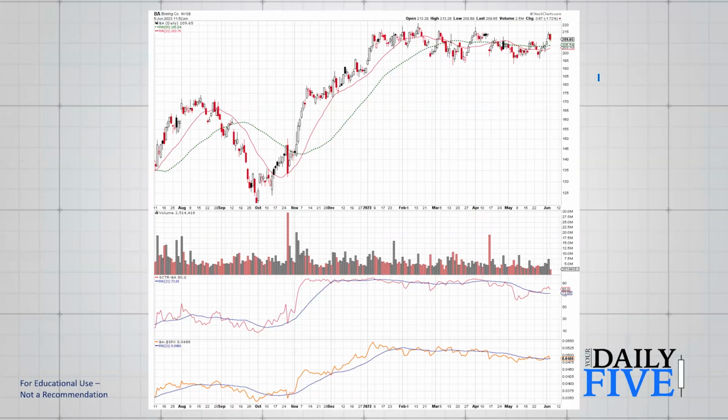John, give us a tour of Boeing here. Well, very interesting chart. Look at the move from October to the end of the year, January. Big momentum move there. Then we have a period of consolidation, not unexpected after a move like that, but look at the scooter line flattens out, the relative strength dips slightly, and that's to be expected in areas of consolidation.